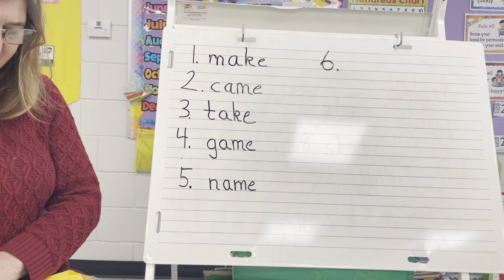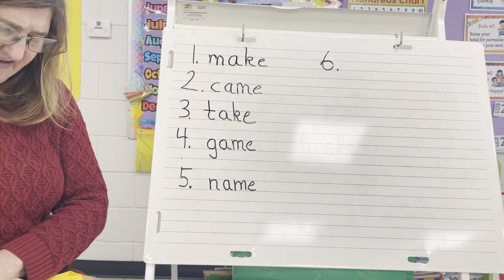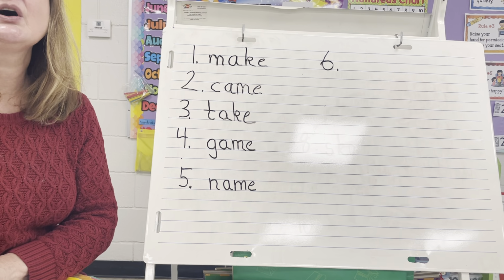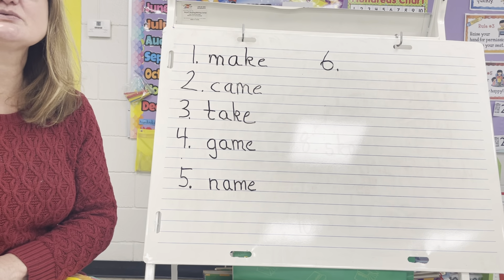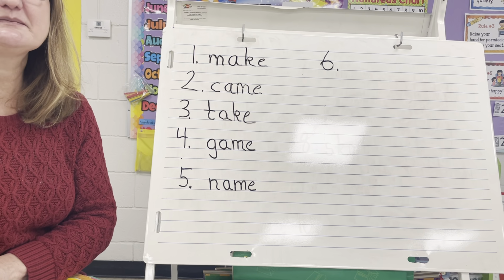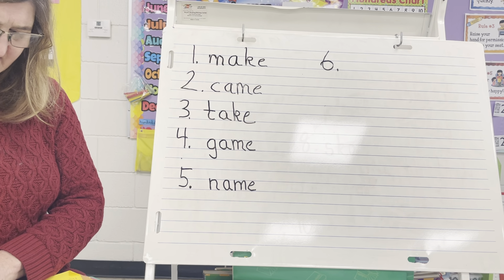All right, we're going to try number 6. This word begins with the G sound, and it rhymes with wave. Begins with G and rhymes with wave. Write that word down.